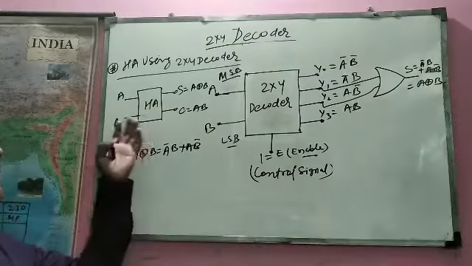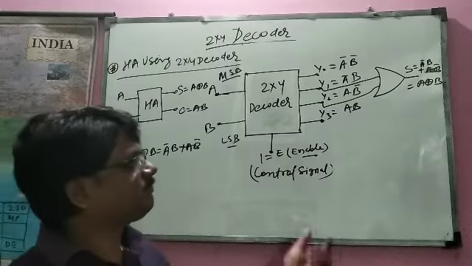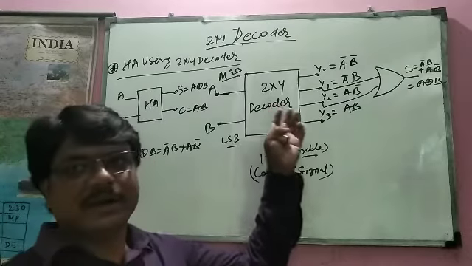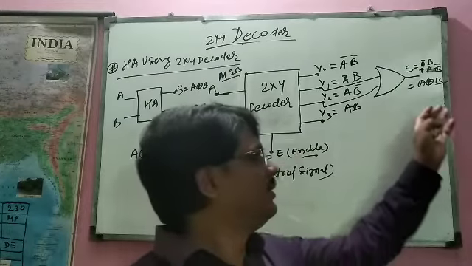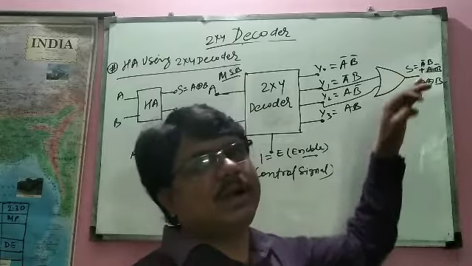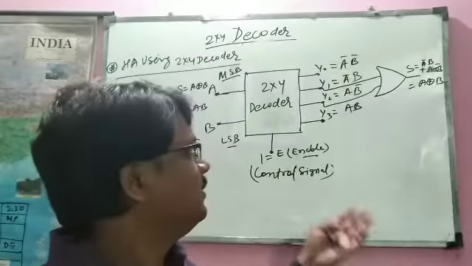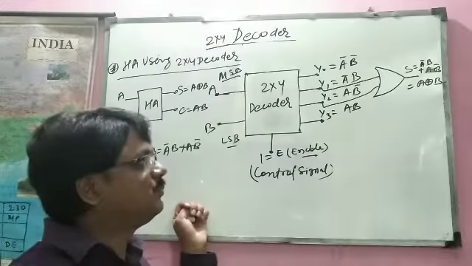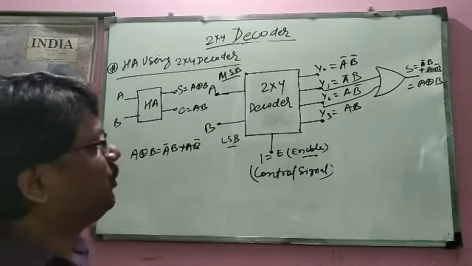So the sum of the half adder is now implemented, because this decoder contains AND gates and we are taking the OR gate outside. That is very simple. We can design the half adder using this 2:4 decoder.